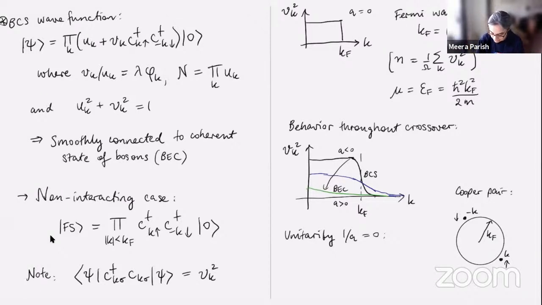Generally you have a chemical potential which would also depend on your interactions throughout the crossover. But there, you'll have a chemical potential that is universally proportional to your Fermi energy, with some universal constant here.